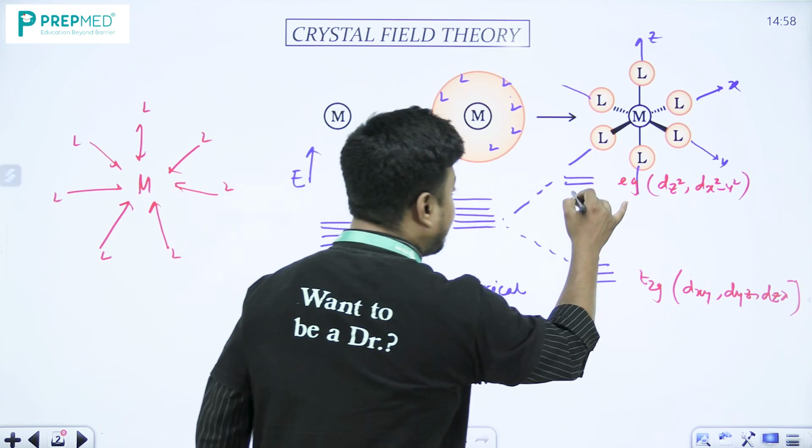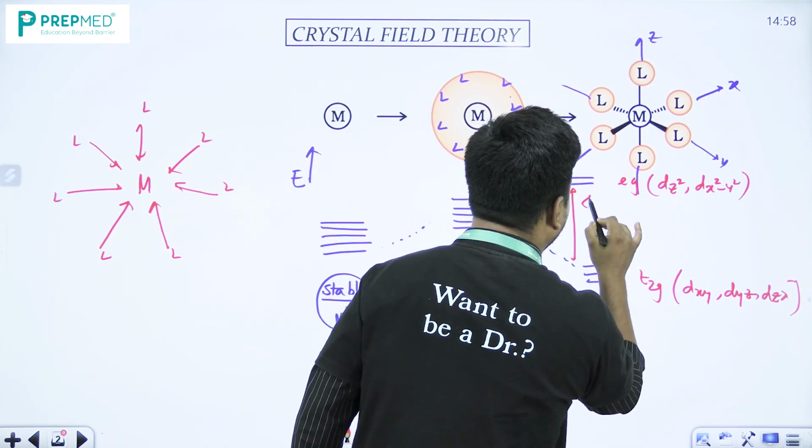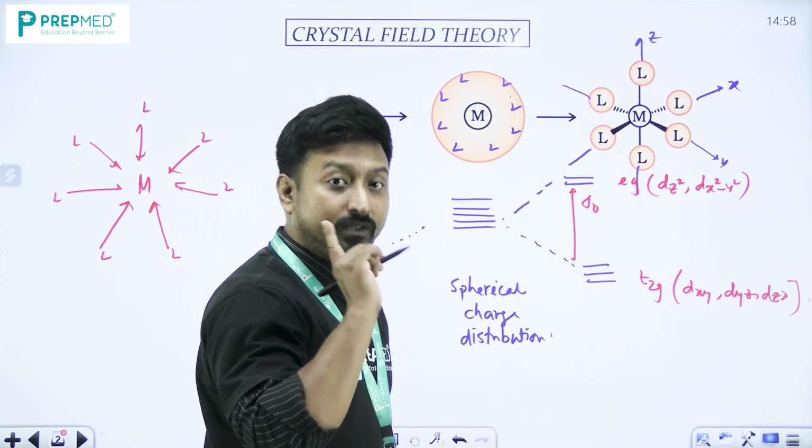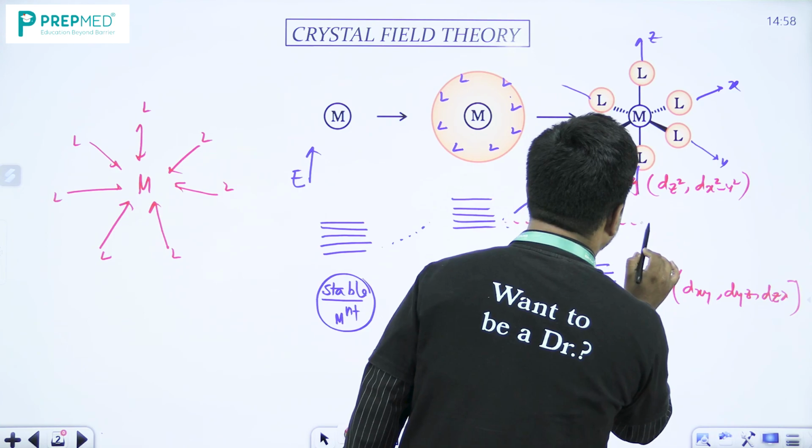Now beta, this gap is called delta O. This O stands for octahedral, and this center is called the zero center.